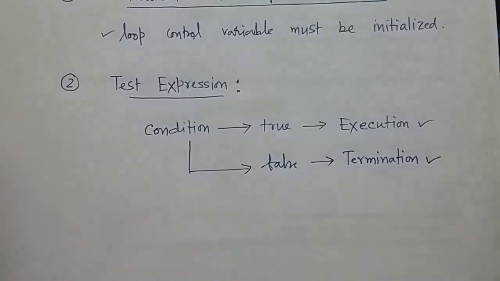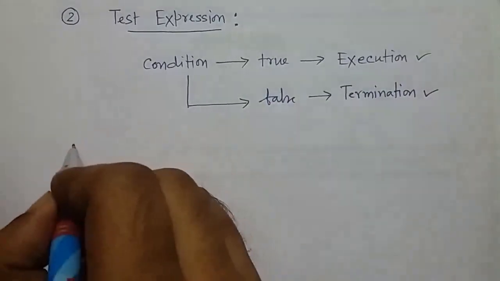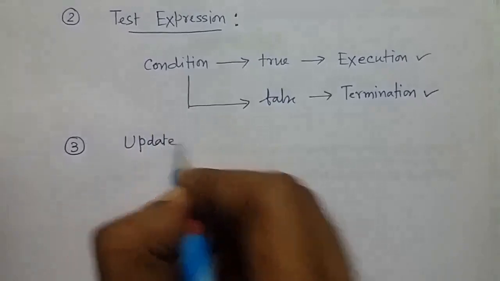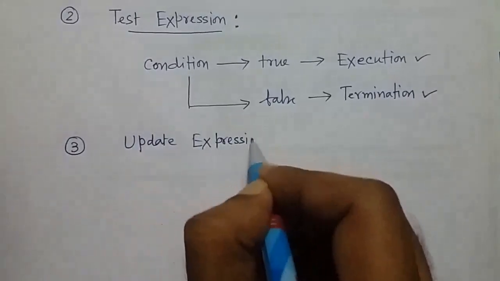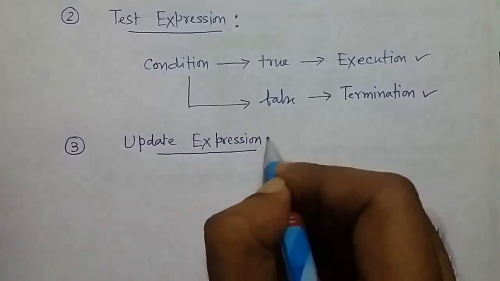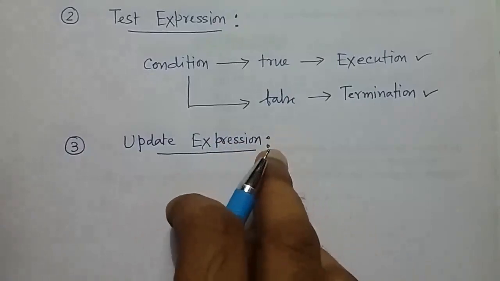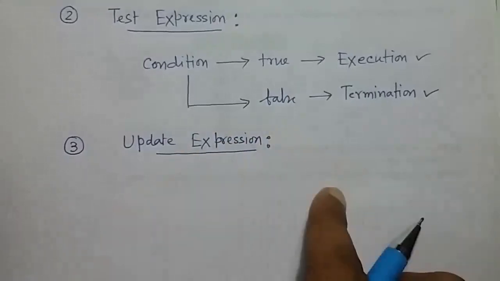Next is the update expression. The update expression determines the updation, that means the increment or decrement of the value of the loop control variable.